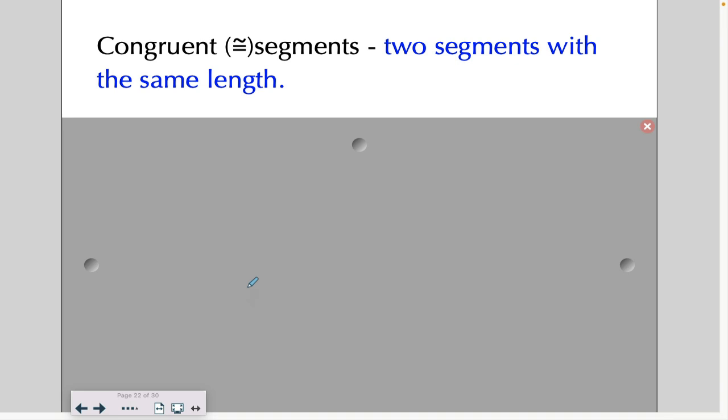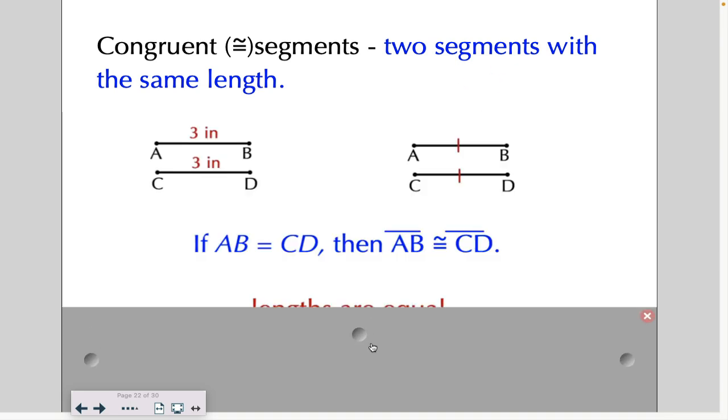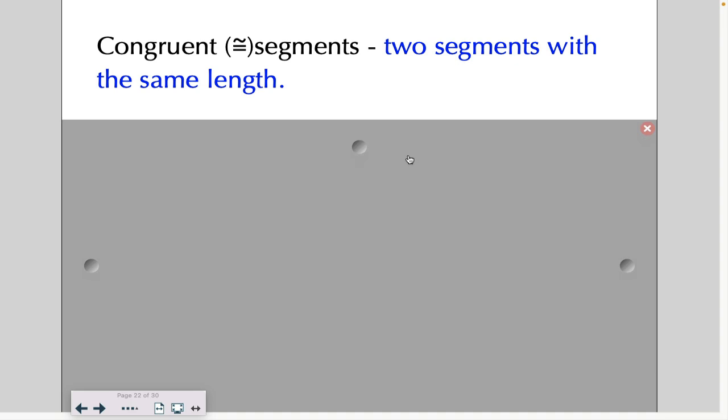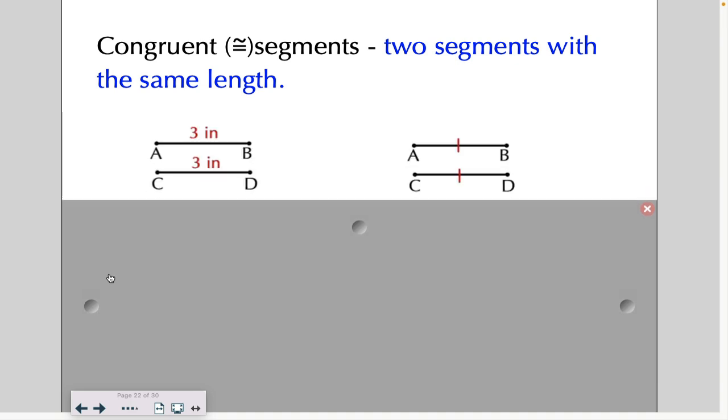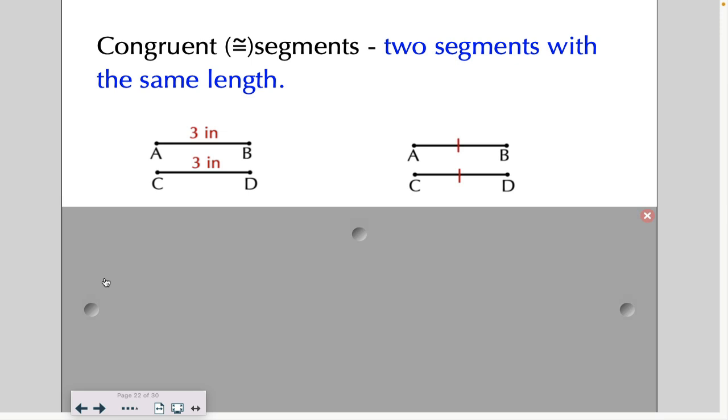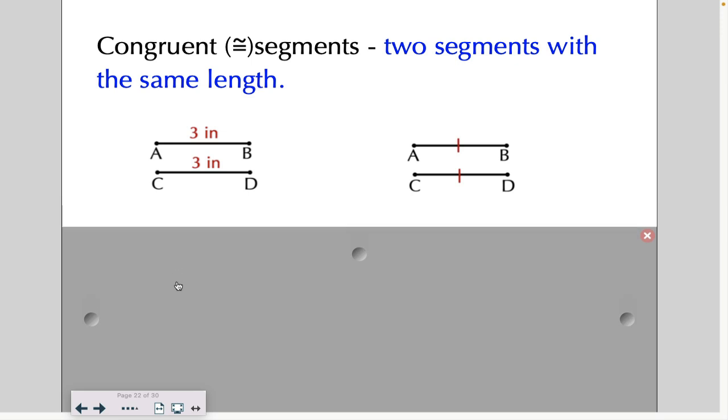We don't use it very much in other courses, although they might show it. Or you might have a math teacher who just used it a whole bunch, even if we weren't defining it. Fancy word for they have the same length. So these are congruent segments. A lot of times we mark it with just this one tick mark. Okay, that means this is congruent to this.